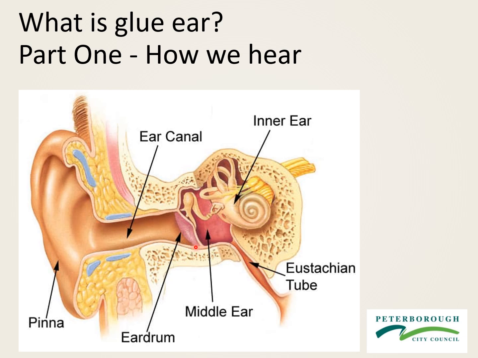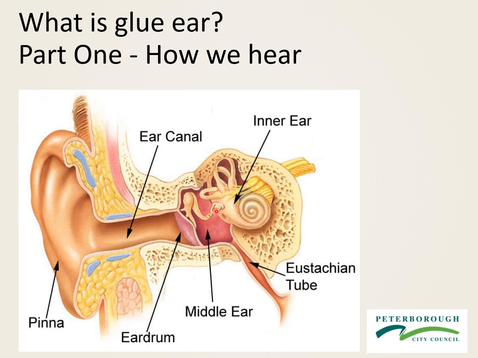It separates the outer ear from the middle ear. The middle ear consists of three tiny bones, the malleus, the incus and the stapes. These are also known as the hammer, the anvil and the stirrup. The middle ear also has a connection to the back of the nose and the throat called the eustachian tube, and this tube allows air into the middle ear to equalise the pressure.